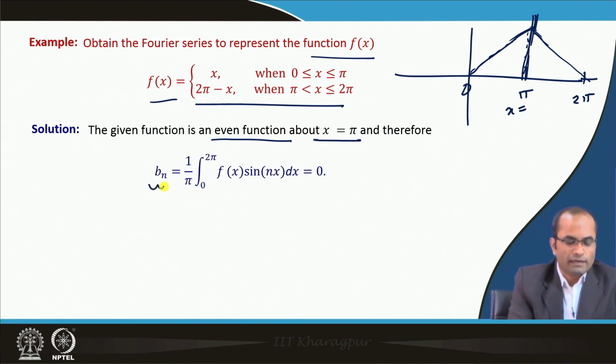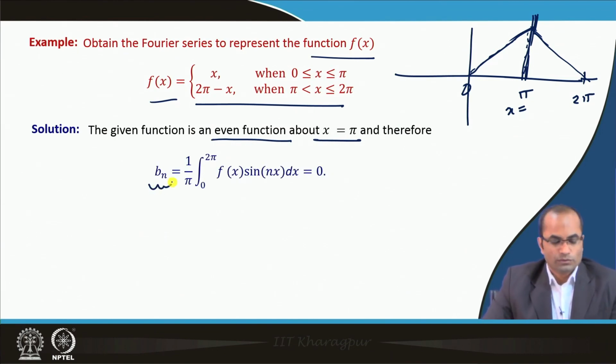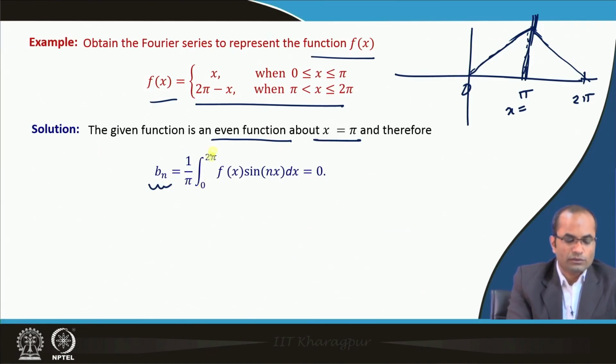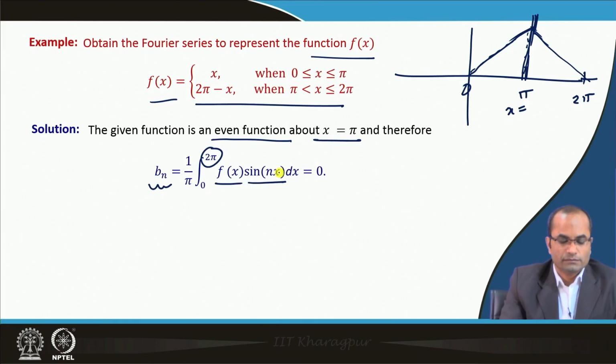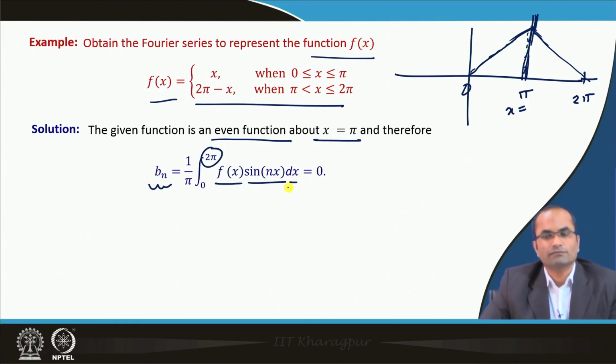Therefore, the bn's will be 0. So, bn is 1 over L, with the integral from 0 to 2 L, of f x sin n x dx, because the period is 2 pi, and this will be 0 without any calculation.